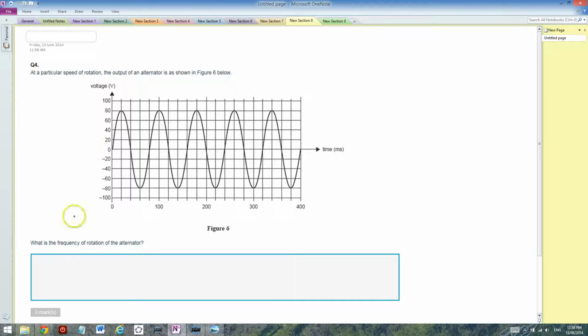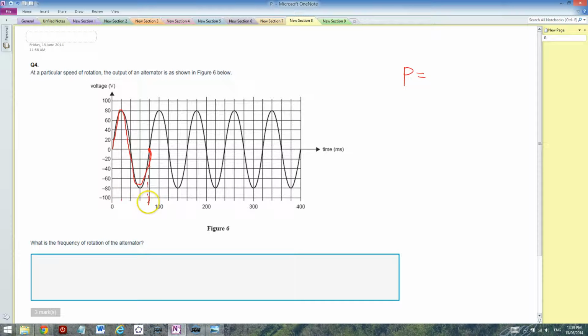So when they ask me to find the frequency, I need to find the period first. If I trace one period of this graph, the period is going to be, that's 2, 3, 4.